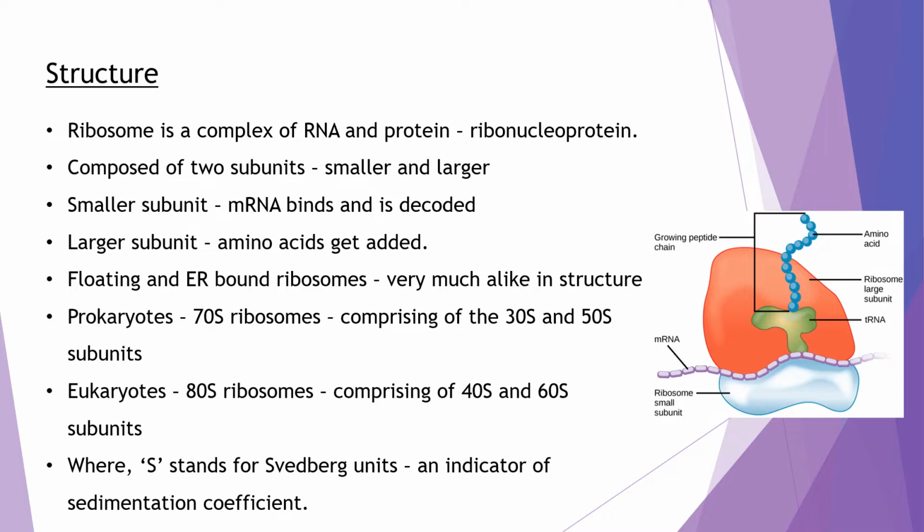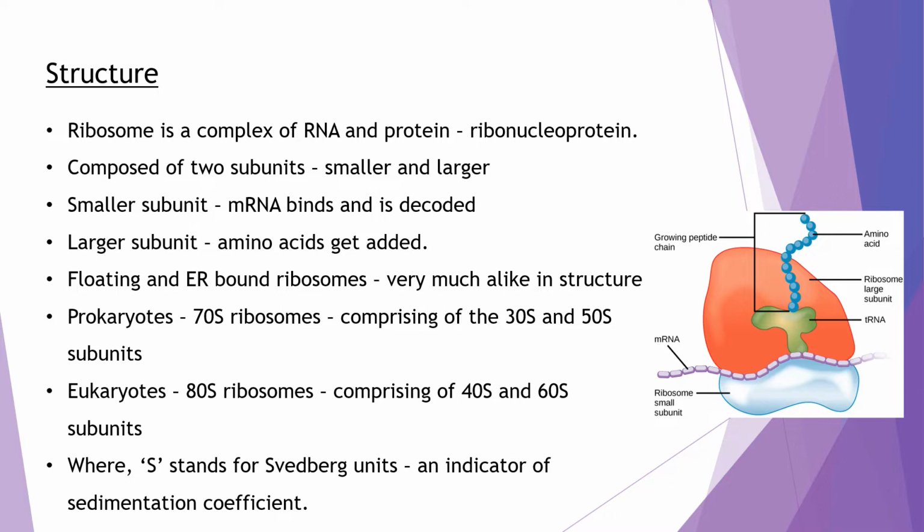And a ribosome is composed of two subunits, which are generally known as the smaller subunit and the larger subunit. The functions of these subunits are also independent but equally associated for the purpose of protein synthesis.